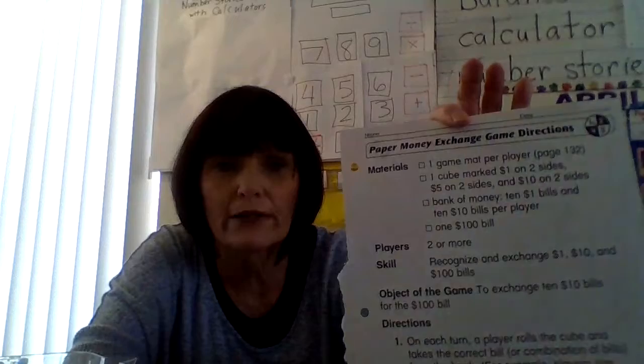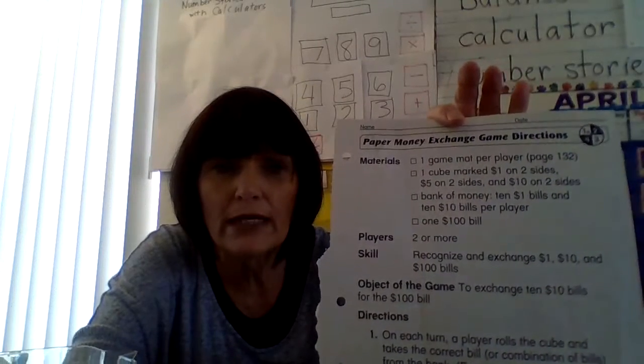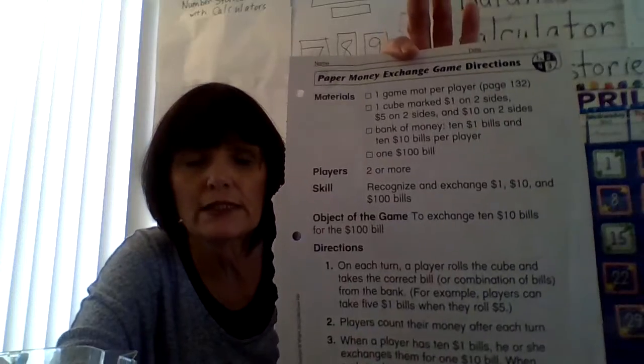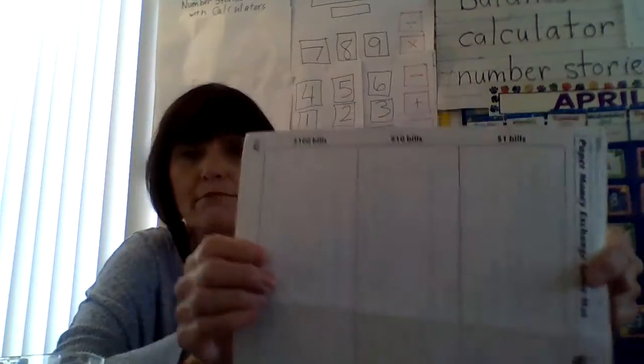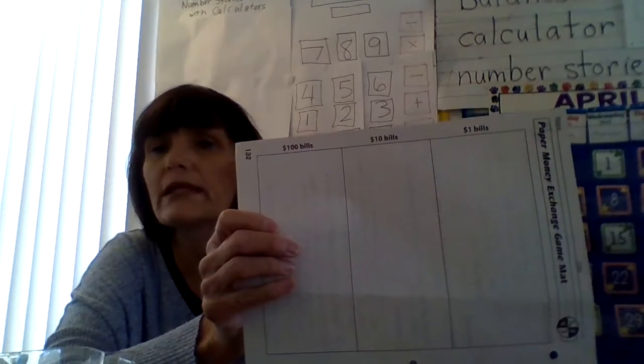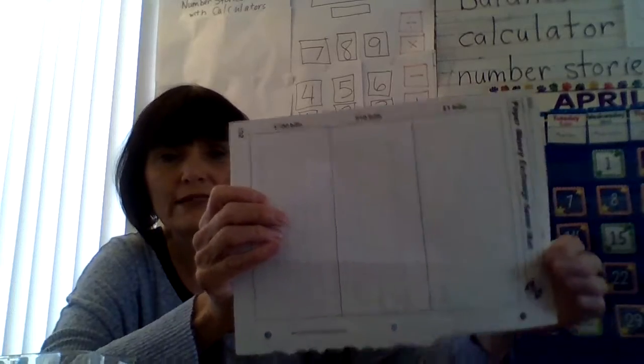That is the same with money. You got this paper the other day and we talked about it. It's the paper money exchange game. These are the directions. On the back is the game mat with the $1 place, the $10 place, and the $100 bill place. Place value only with paper money.